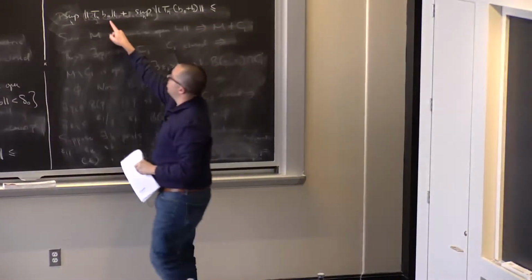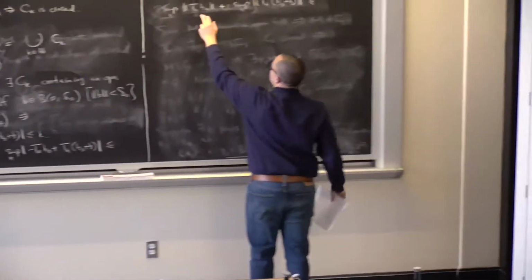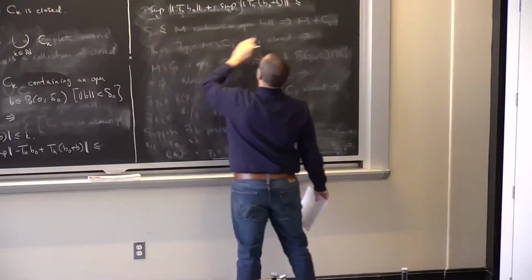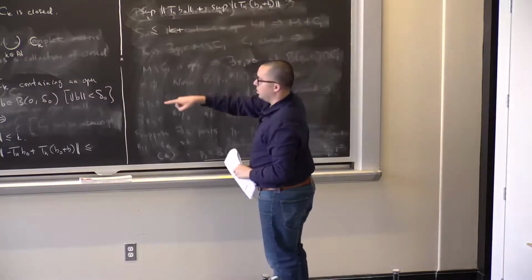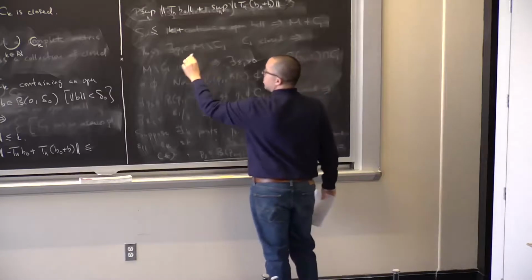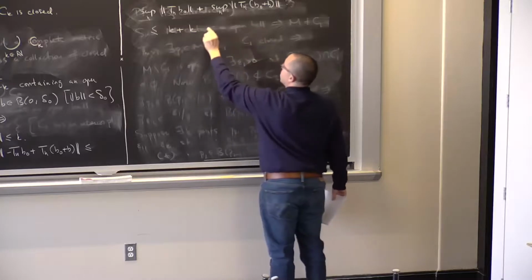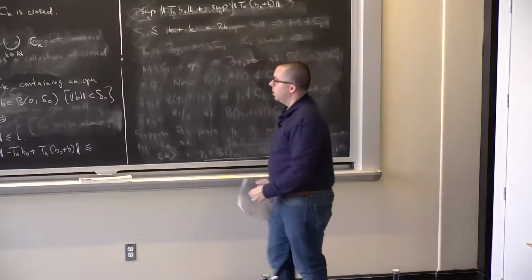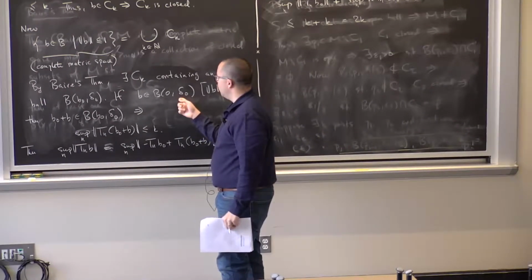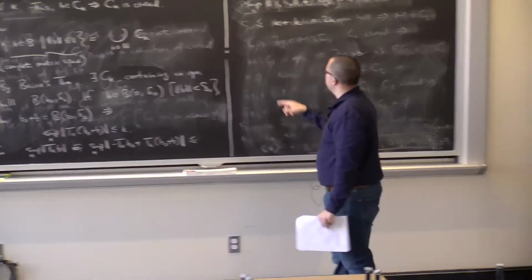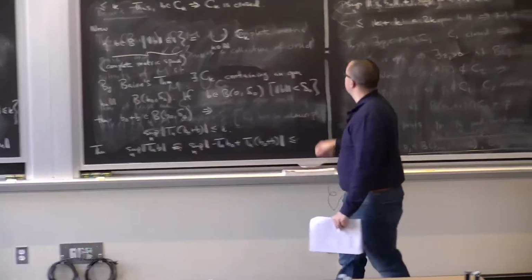And b_0 is certainly in this ball, which is contained in C_k, so this is less than or equal to k. And this is still in that ball of radius delta_0 centered at b_0, so it lies in C_k, and therefore this sup is also less than or equal to k. So the total is 2k. So I've shown that if I take any element in the open ball of radius delta_0, then the sup over n of the norm of T_n of b is less than or equal to 2k.